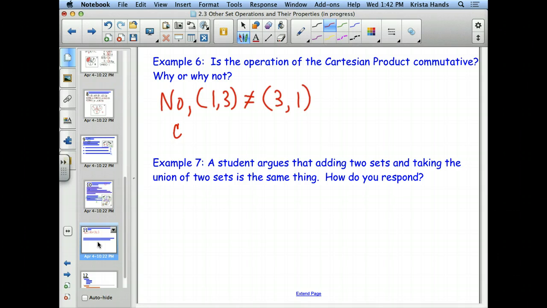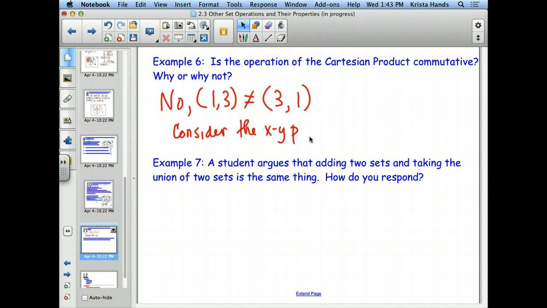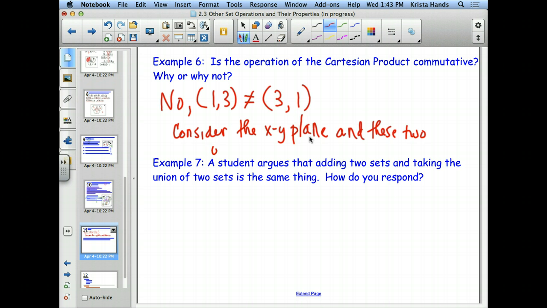We can consider the XY plane, and these two ordered pairs are different points. They're not the same points. They don't represent the same location.